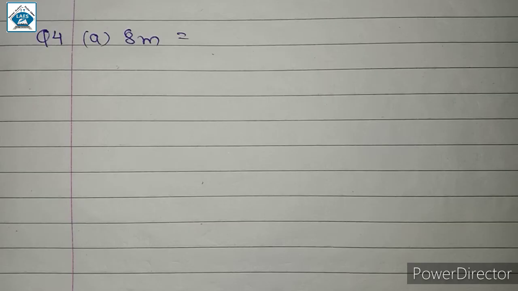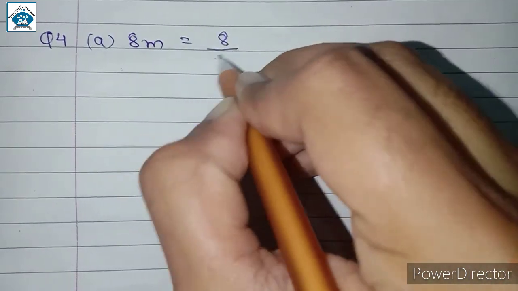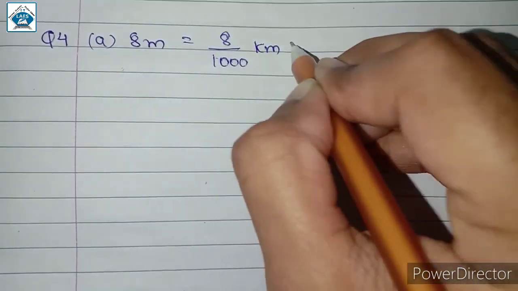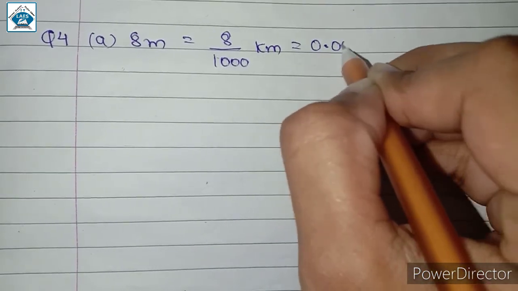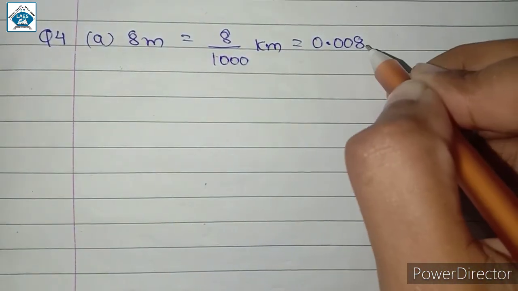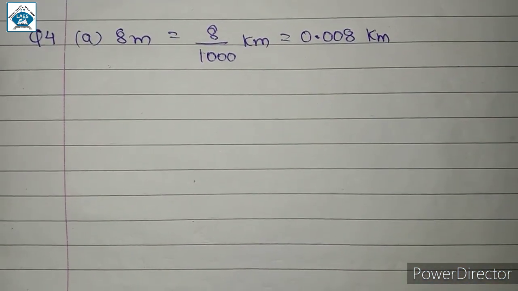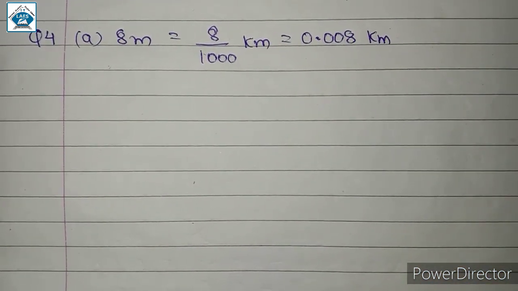We have to express as kilometers and the value is given in meters. So to convert 8 meter into kilometers, we need to divide it by 1000. So 8 meter is equal to 8/1000 kilometers, and in the form of decimal we can express it as 0.008 kilometers. So 8 meter is equal to 0.008 kilometers.